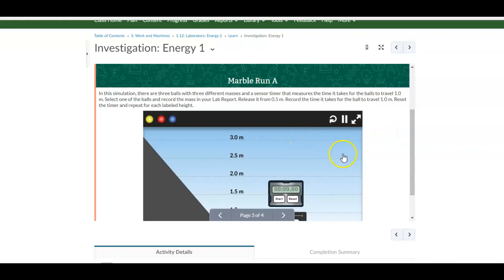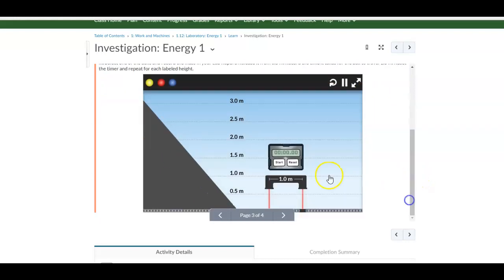So let's see if we can do this so you can get an idea. We've got the first ball. I'm not sure why it's not showing. Let me see if I reset it. This is the 2 kilogram.